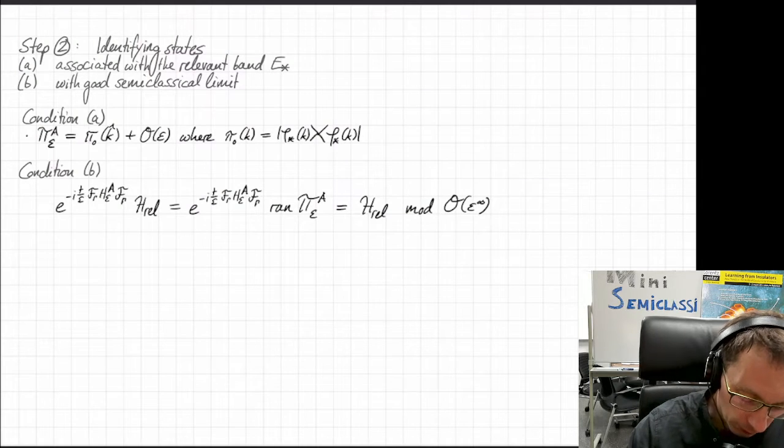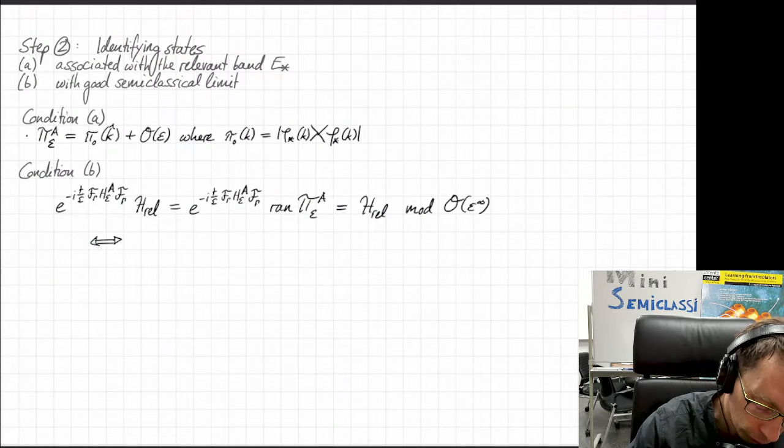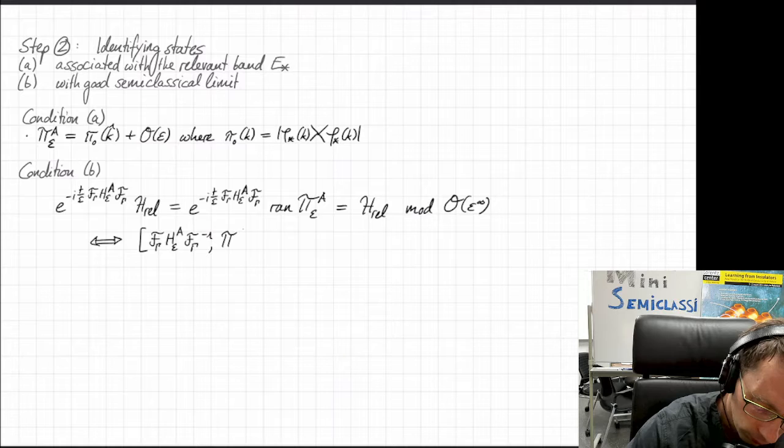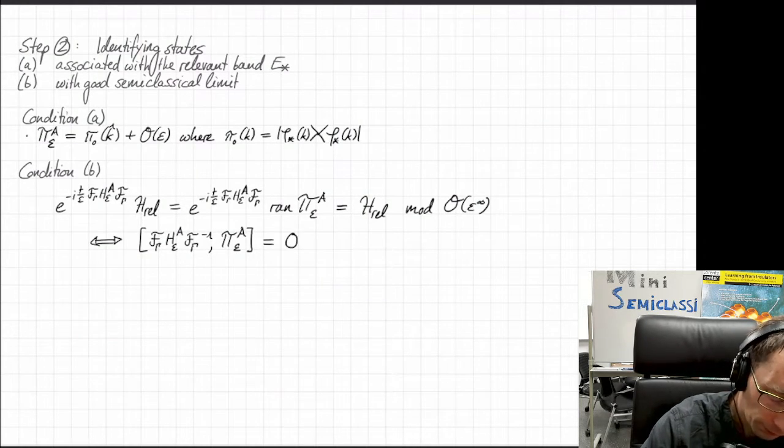But this is good enough for our purposes. And what does this mean? One equivalent way of writing this is to require that the Hamiltonian in the correct representation commutes with this relevant projection.